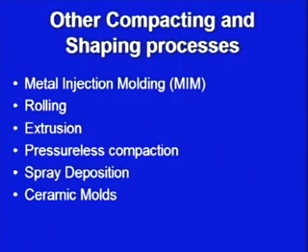Now, coming on to the other compacting and shaping processes. Already we have discussed that the metal powder can be compacted with the help of a die punch type of arrangement. The compaction cycle was clearly depicted with diagrams in powder metallurgy 2. Then isostatic pressing was shown with diagrams, cold isostatic pressing and hot isostatic pressing.